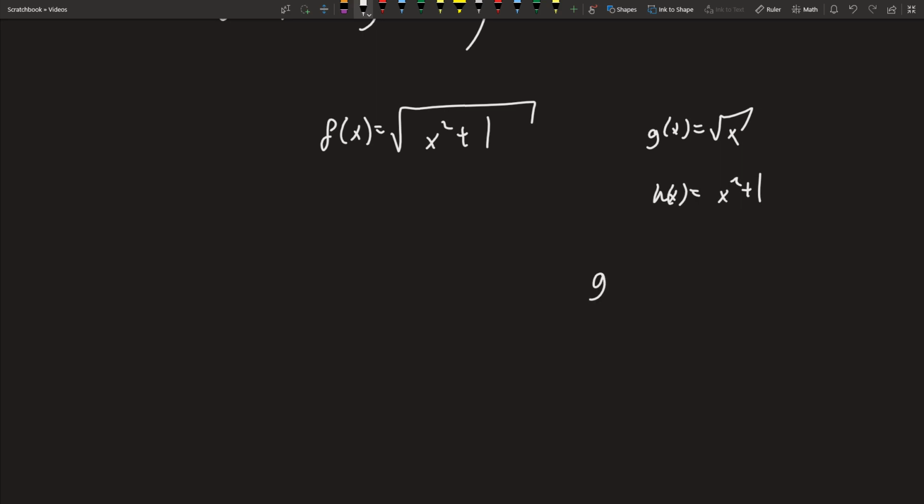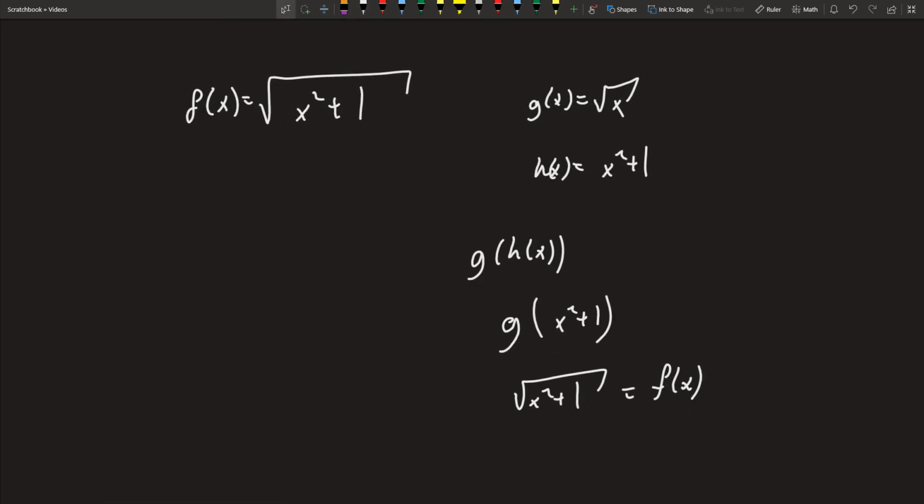So what is g of h of x? That's g of x squared plus 1, right? This is equal to the square root of x squared plus 1, which is equal to f of x. So in this case, we have a thing called function composition. It's also written as g circle h of x, but doesn't matter.